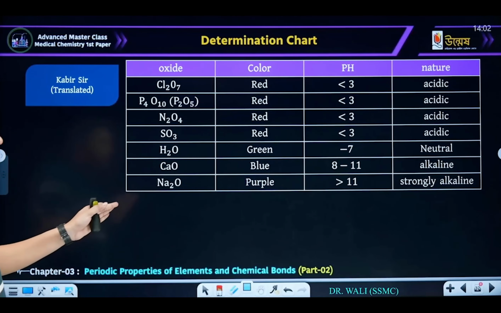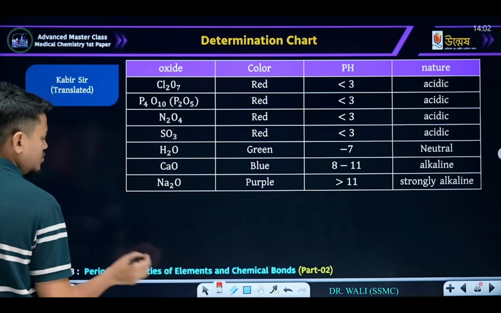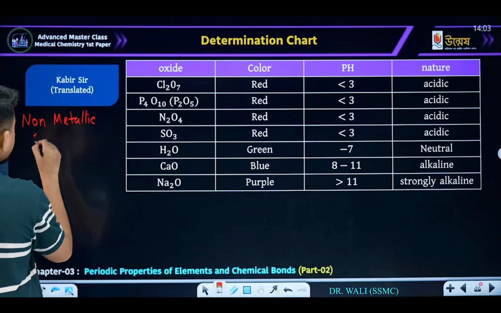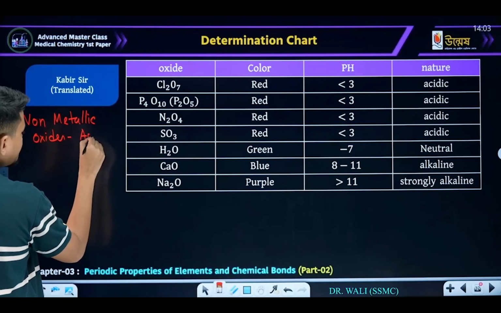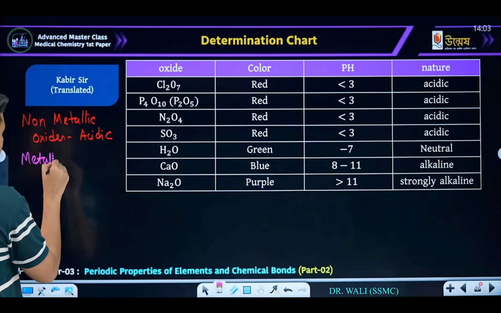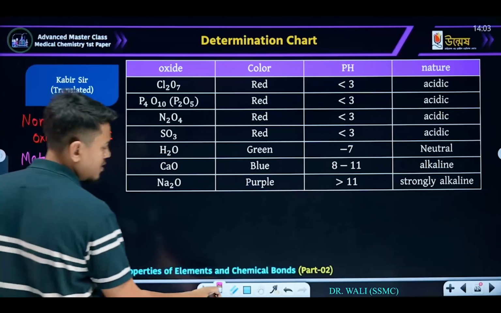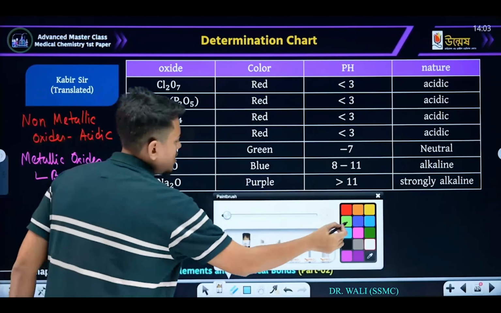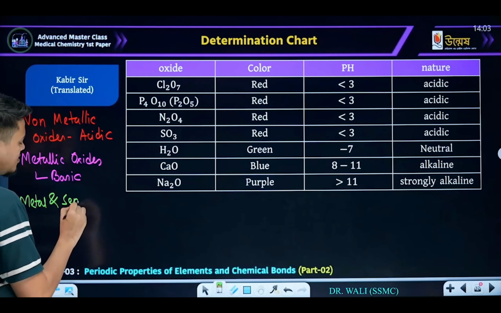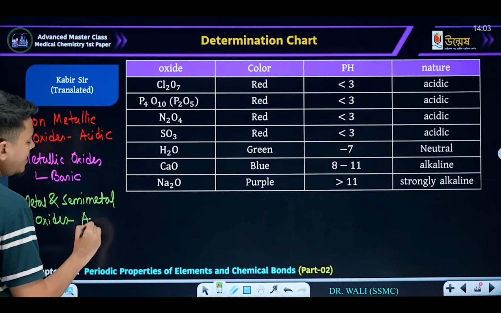Now, there are some oxides as well as their color and pH. As you know, all the non-metallic oxides are acidic. On the other hand, metallic oxides are basic. And some metal as well as semi-metal oxides can be amphoteric.